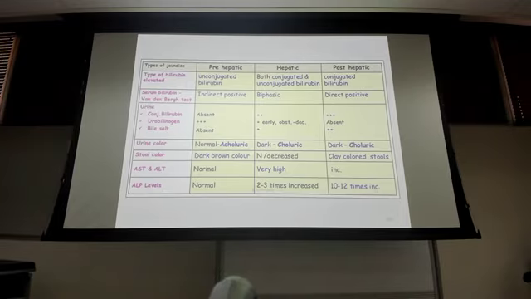And here's a nice chart, pre-hepatic, hepatic proper, and post-hepatic causes of jaundice, but this is basically putting all the stuff we said on the other slides together, if you need it for the visual learners. Talks about the urine color, and then whether things are positive or negative, or there or not there, seen with pre, hepatic proper, or post-hepatic causes of jaundice.